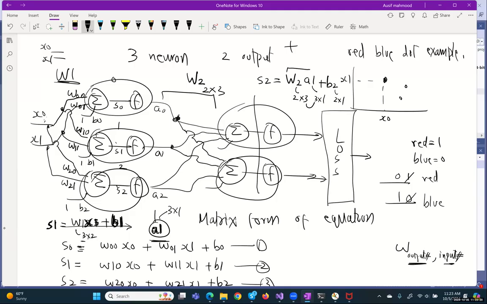What answer will this part produce? 2 by 3 times 3 by 1, right? Remember, inner dimensions disappear. The answer will be 2 by 1. 2 by 1 plus 2 by 1. And you can easily see there are 2 S values. So this is our forward equation for the second layer.